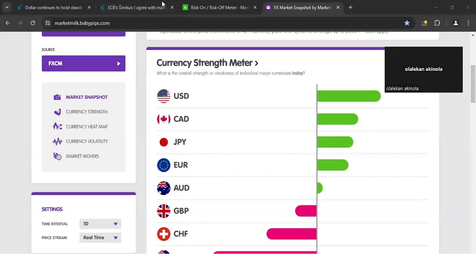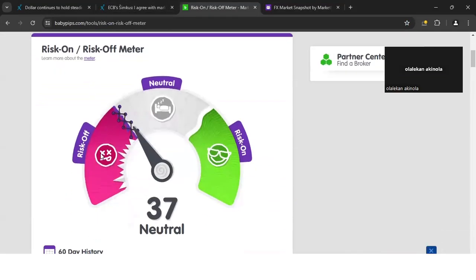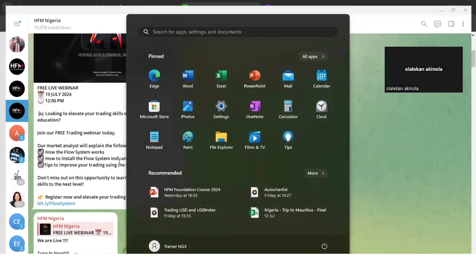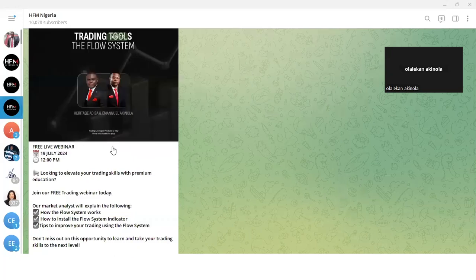But when you look at what the current market sentiment is saying, we're currently moving away from the typical risk off we've seen since the beginning of the week. We're starting to move away from current trajectories. But let's read what we have on the Telegram channel today.